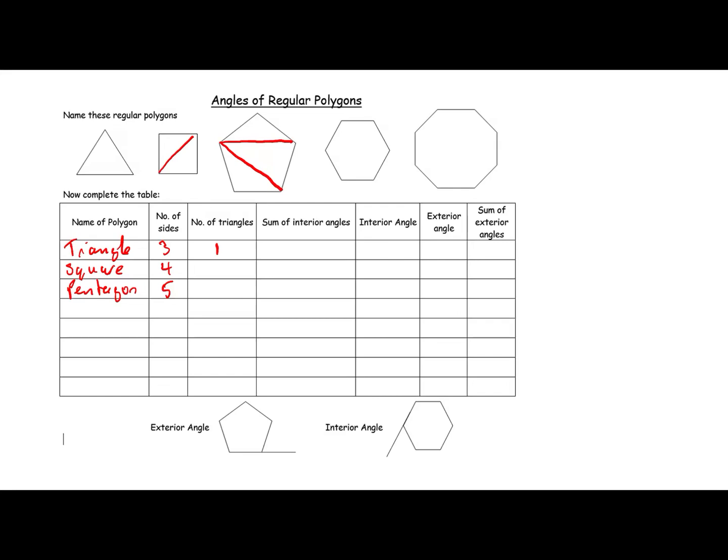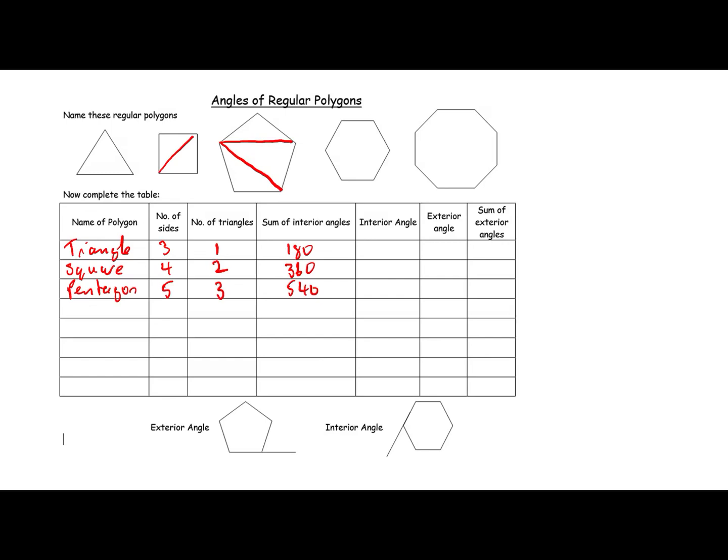So there was one triangle for a triangle, obviously, 2 triangles for any quadrilateral, 3 triangles for a pentagon. A triangle's sum of interior angles is 180, a quadrilateral's is 360, a pentagon's is 540.